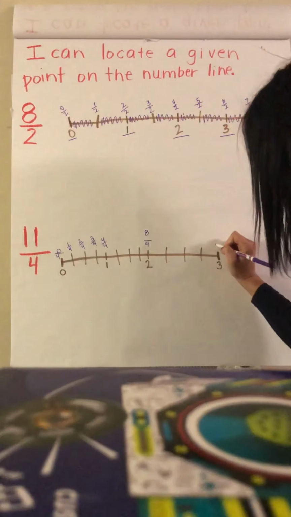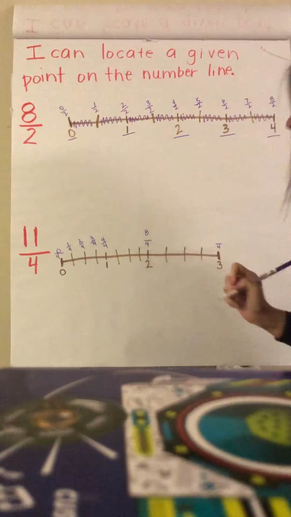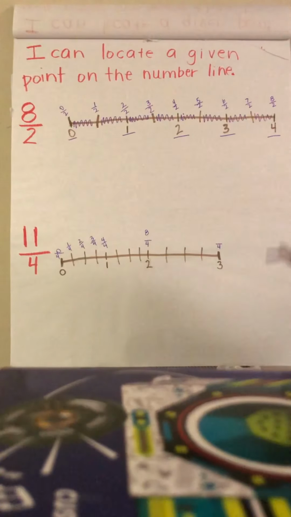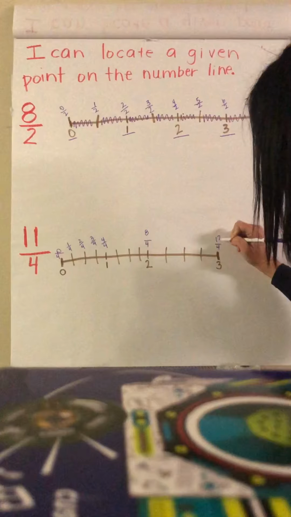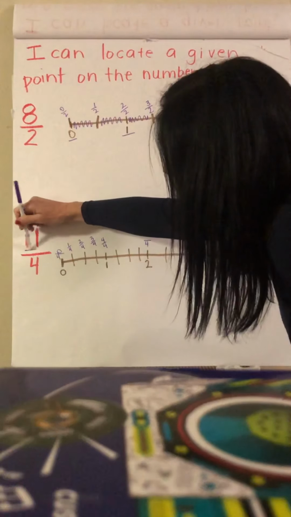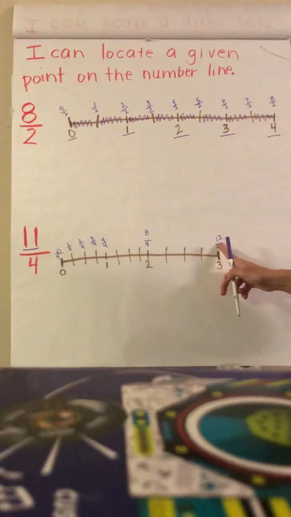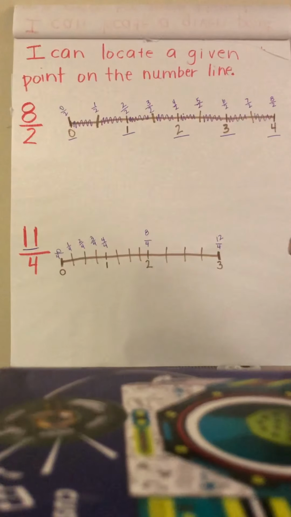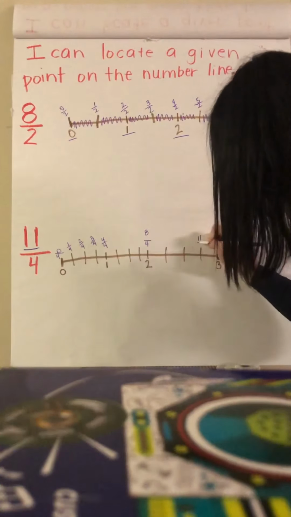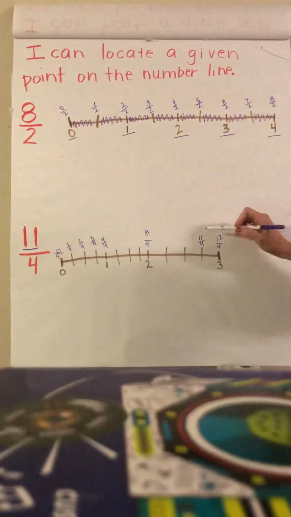I know that my shape is still broken into fourths, so all I need to ask myself is 3 times 4 is 12. Well, I'm looking for 11/4, so all I need to say is, hey, I know that 11 is 1 less than 12, so 11/4 would be right here.